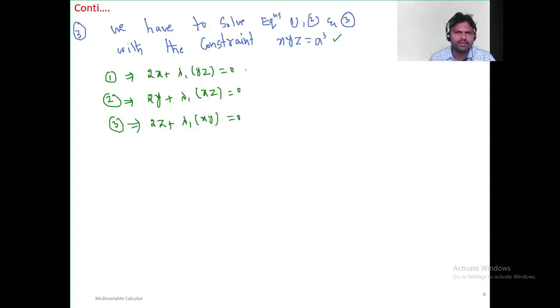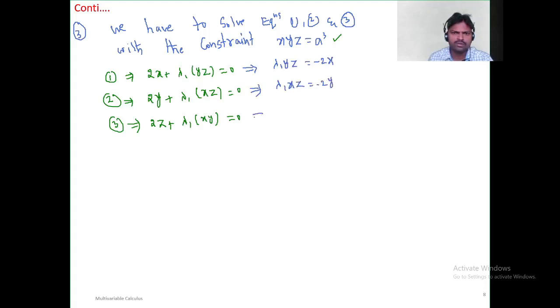So look at the first one. From this equation, what is λ1 into yz? λ1 into yz is minus 2x. And from this, λ1 into xz is minus 2y.